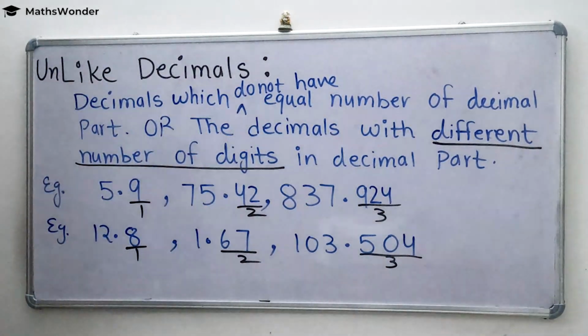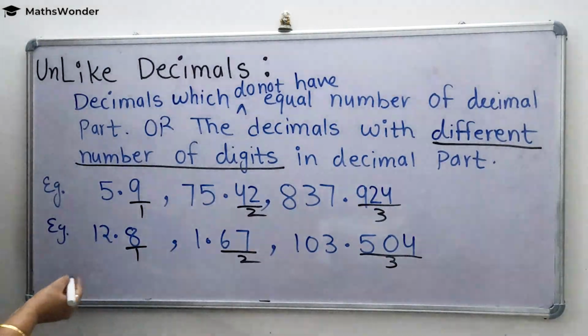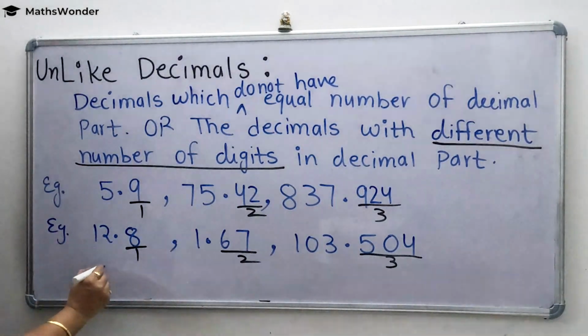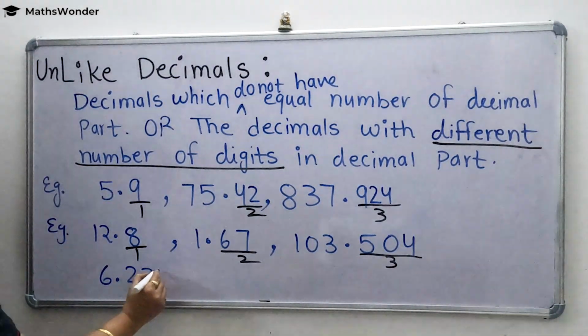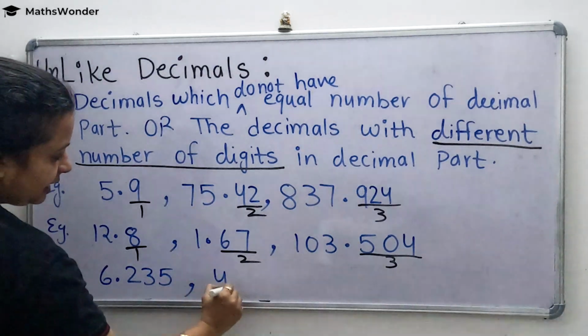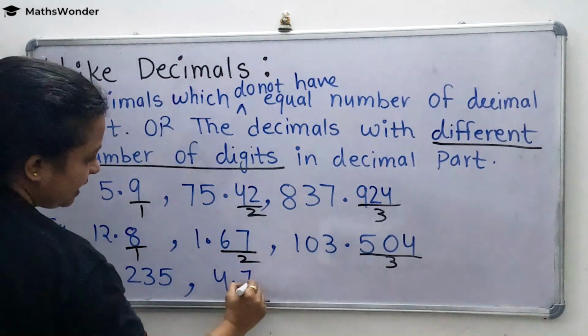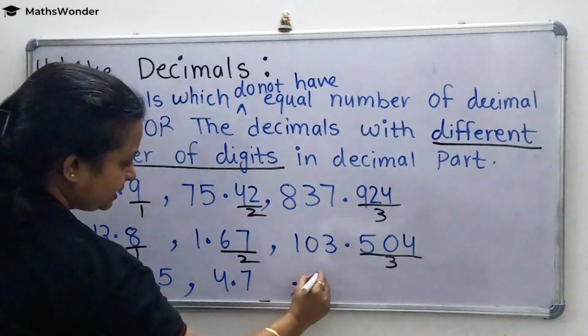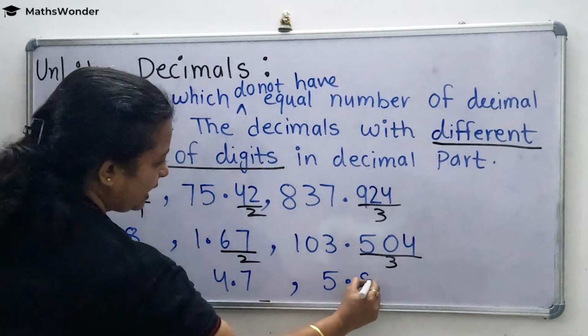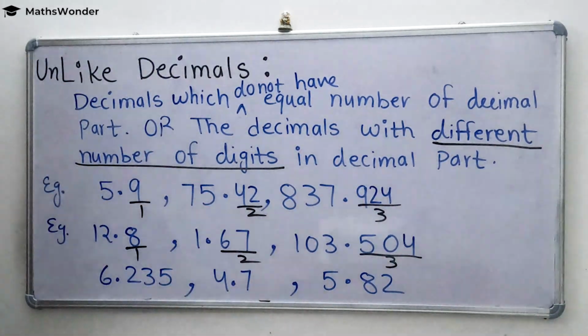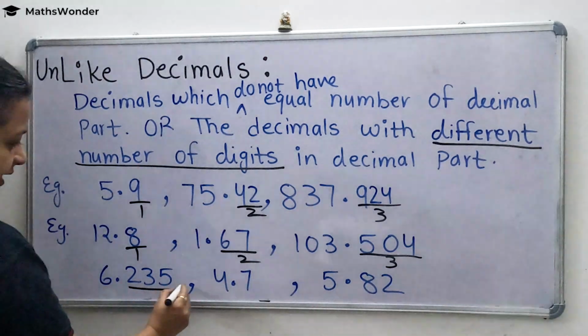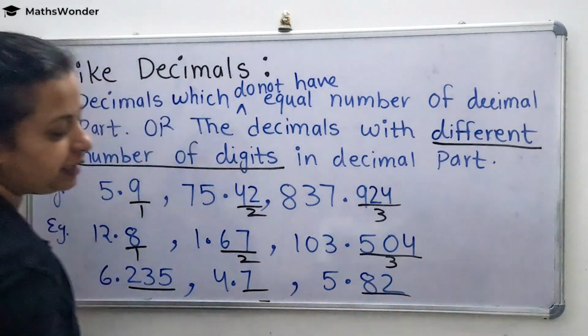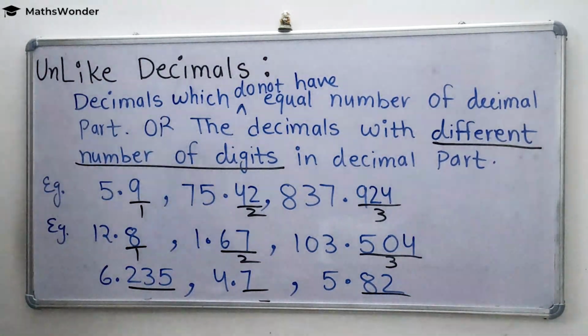If I give another example, 6.235, 4.7, and 5.82. Check every decimal number: here 3 digits, here 1 digit, here 2 digits. All three have different numbers of digits, so we call them unlike decimals.